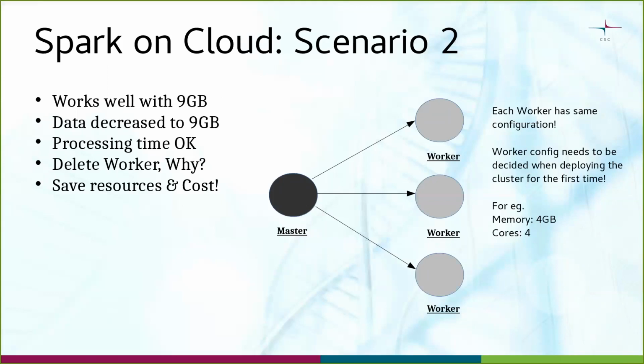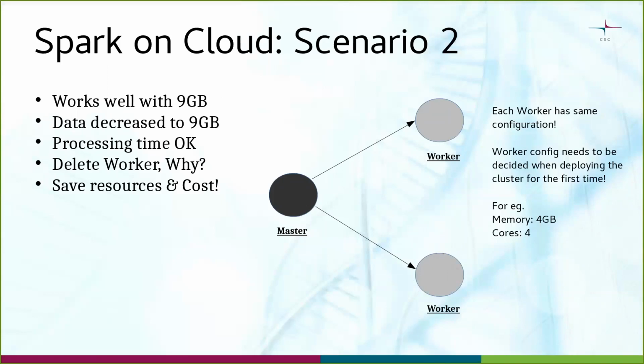But you would need to delete the worker here. Why? Because you need to save resources and because you need to save some costs. Because if you can make your cluster work with a lesser number of workers, then you wouldn't need to waste the resources. So you can just take the worker down.